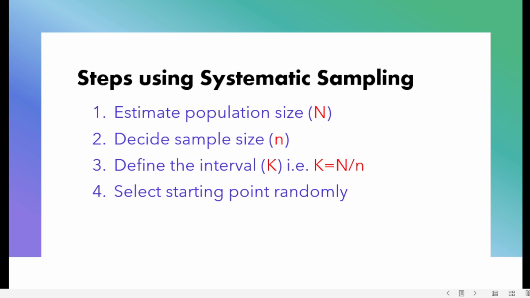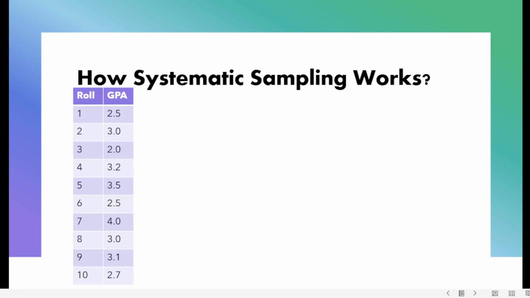Then decide the sample size, which is part of that population, and next define the interval. The interval can be defined by dividing the population size by the sample size, and then select a starting point from where we will start the selection from the population. So we will start with some random value.